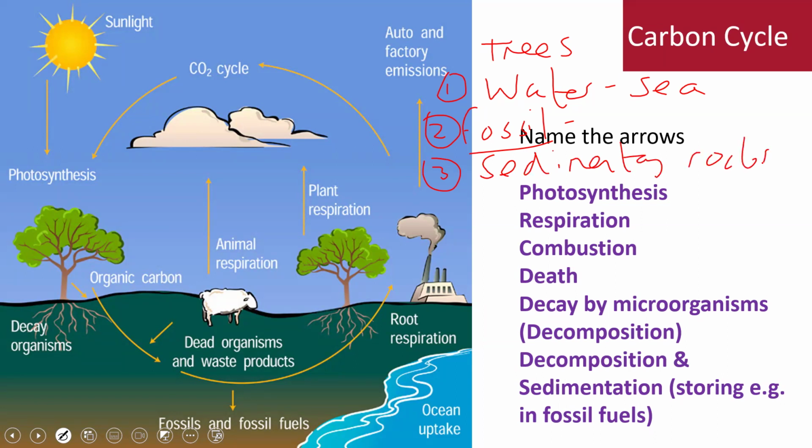Sedimentary rocks are quite soft rocks, and originally they were shells of animals. Those shells have been crushed over time and eventually turned into sedimentary rocks, but they are a store of carbon dioxide. Number 4, trees. So that's the carbon cycle.